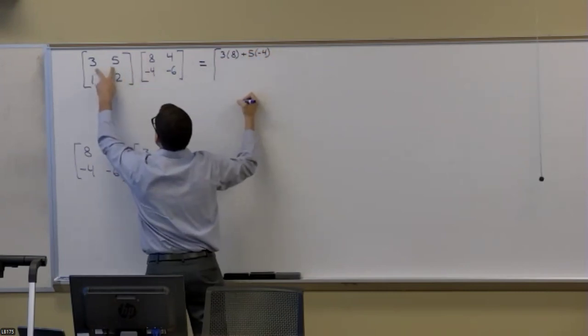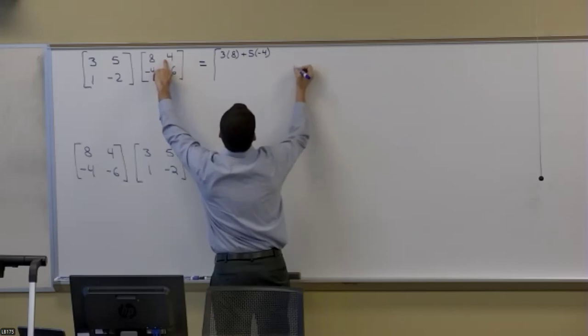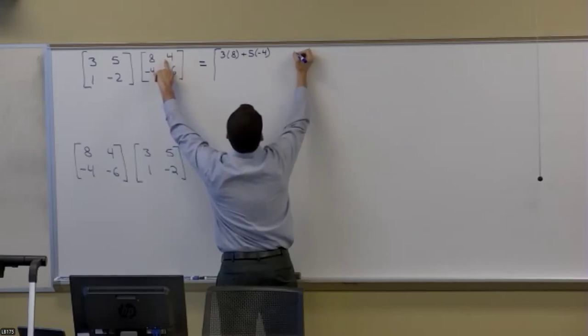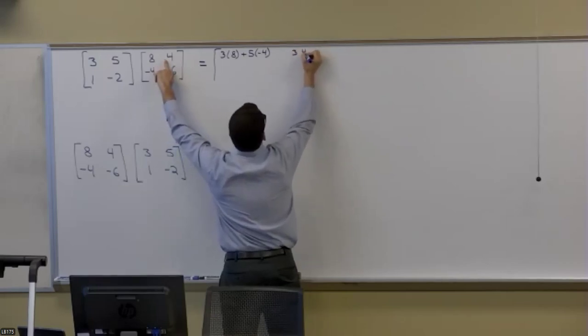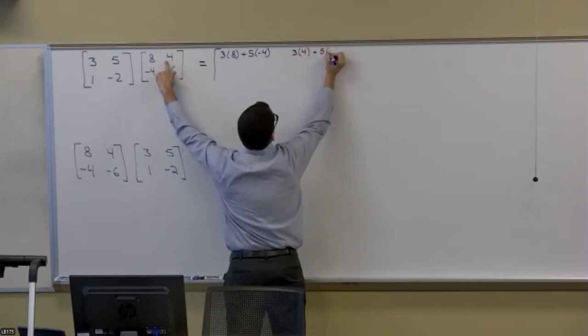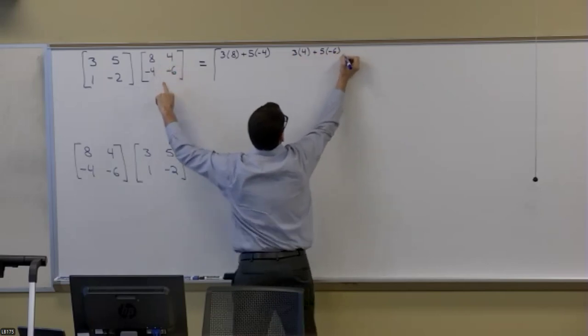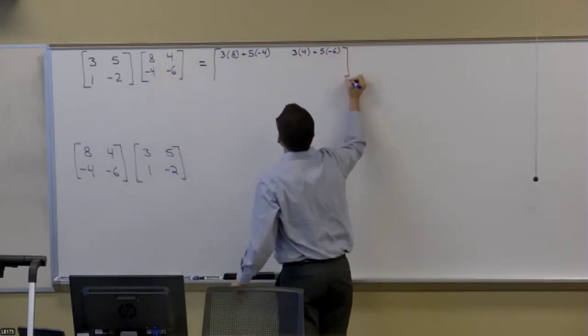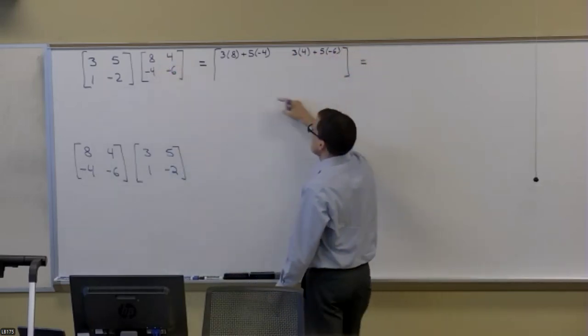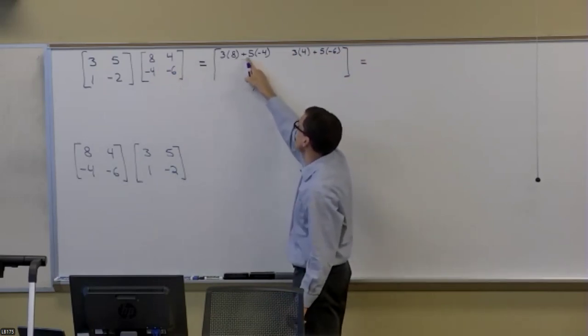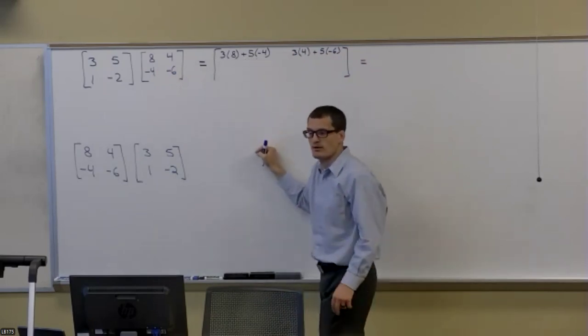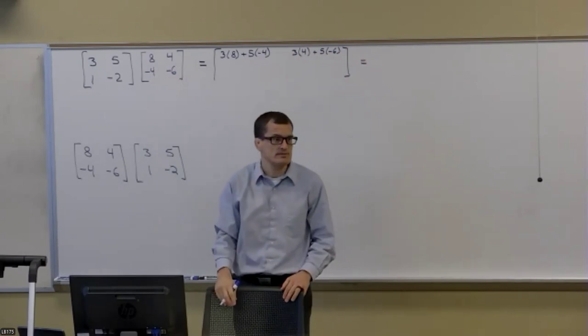Then I take 3, 5, multiply that times 4, negative 6. 3 times 4 plus 5 times negative 6. By the way, when I take 3 times 8 plus 5 times negative 4, we can do that on our calculator if we want.